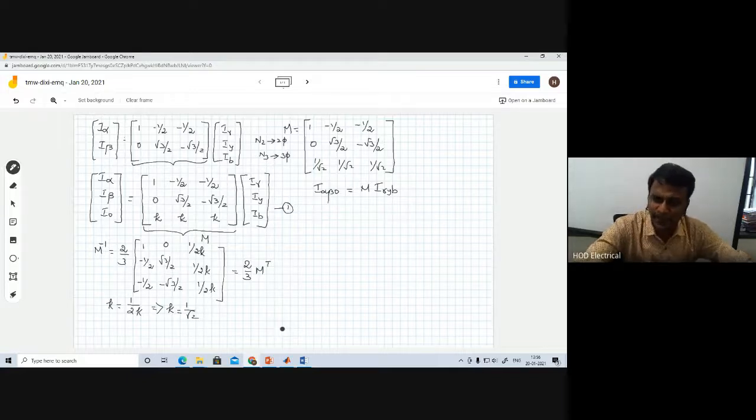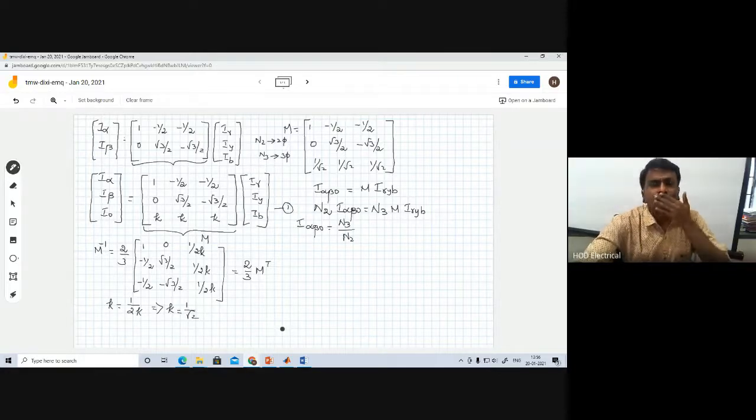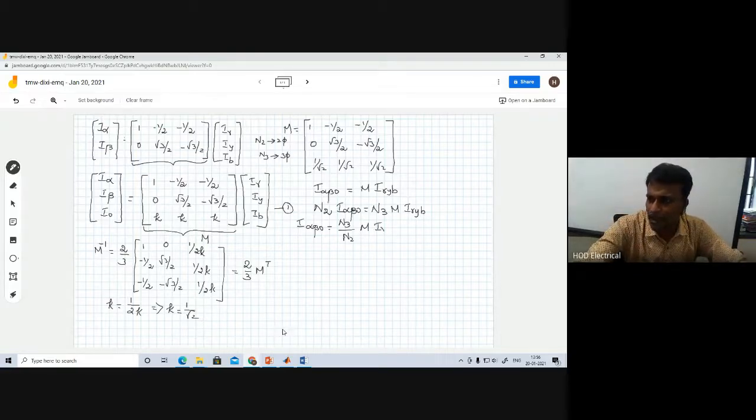The flux linkages should be the same. Accordingly, the number of turns in the two-phase winding times I alpha beta naught equals the number of turns in the three-phase winding times M into I RYB. From this, I can conclude I alpha beta naught equals N3 by N2 times M into I RYB.